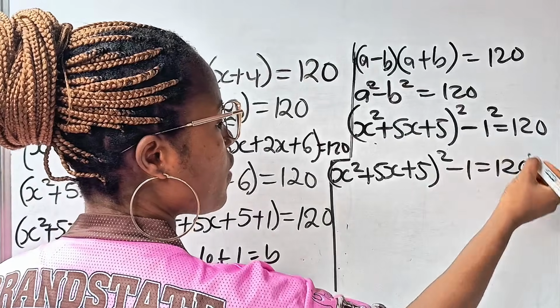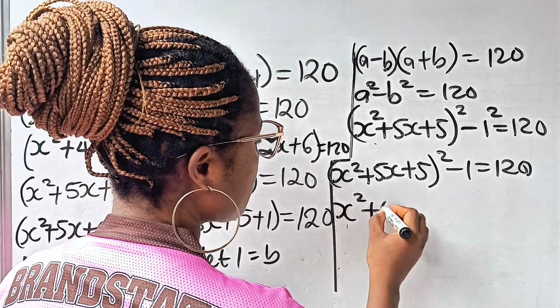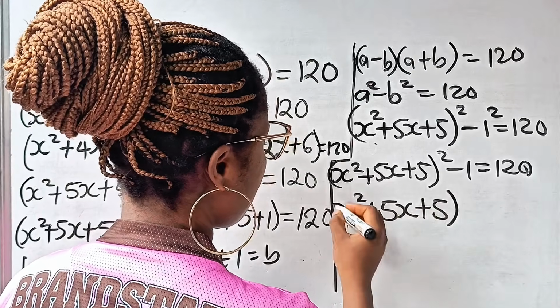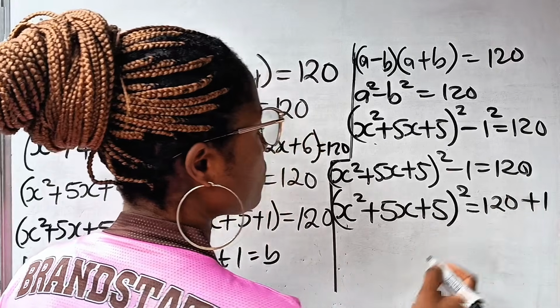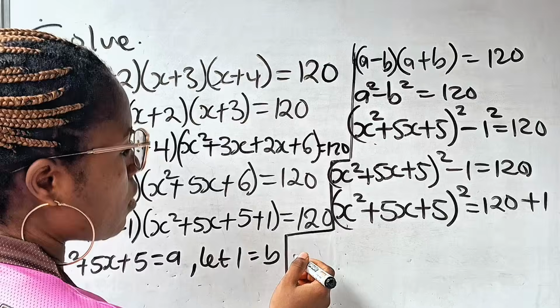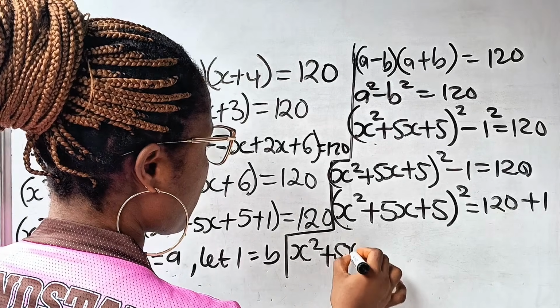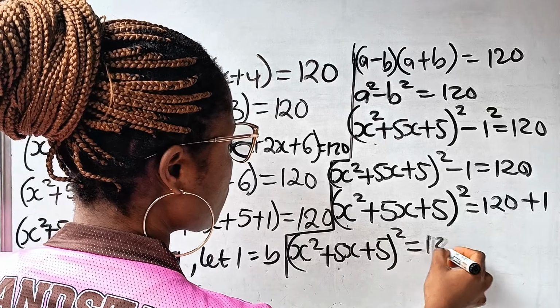Now we are going to transfer this to the other side, and we will have x squared plus 5x plus 5 all squared is equal to 120 plus 1. So we have x squared plus 5x plus 5 all squared is equal to 121.